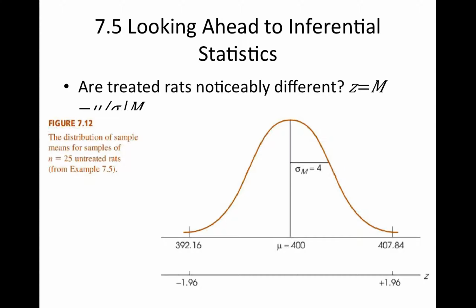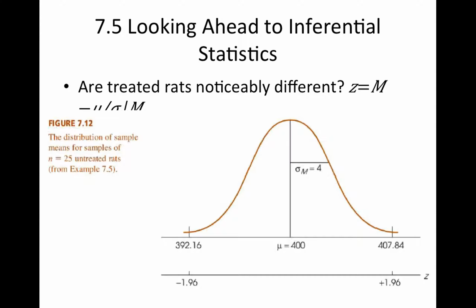Because we can make a statement that says, listen, this is a mean that we might get from the distribution of people with high cholesterol. So it just could be a good day for these people. Somehow their cholesterol has been lowered because they didn't eat that steak last night. Or maybe you just happen to pick a sample of people that had the lower cholesterols in that group just by chance.